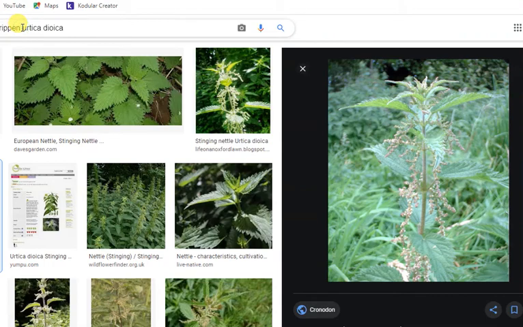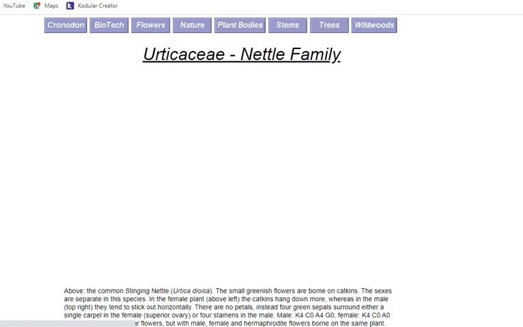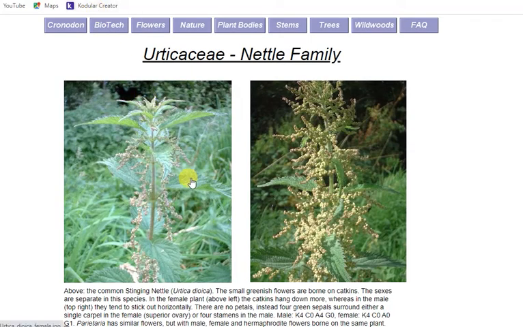We said about the plant Urtica dioica, the plant Urtica dioica. If you remember, we said about it, and this is how the plant appears. As you can see here, the Urtica dioica family.